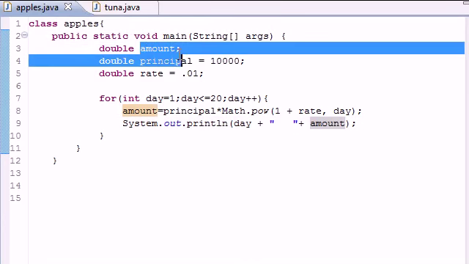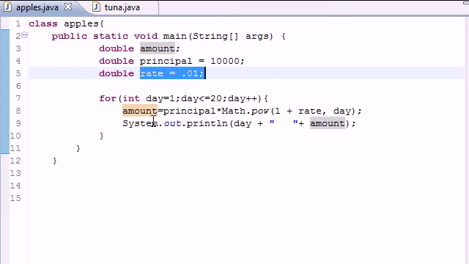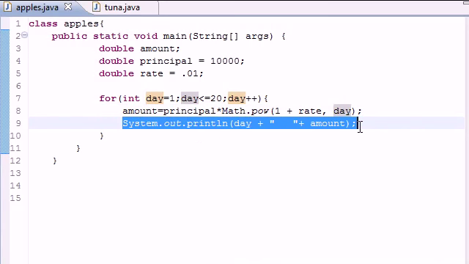You need to figure out the amount, which we don't know yet, but we do know the principal, which is the starting point, and the rate. We set the amount, which you don't know yet, equal to the principal times 1 plus the rate, which is 0.01, to the day. And this is where the for loop comes in handy, because it goes 1, 2, 3, 4 all the way to 20. Next we just output it on the screen.